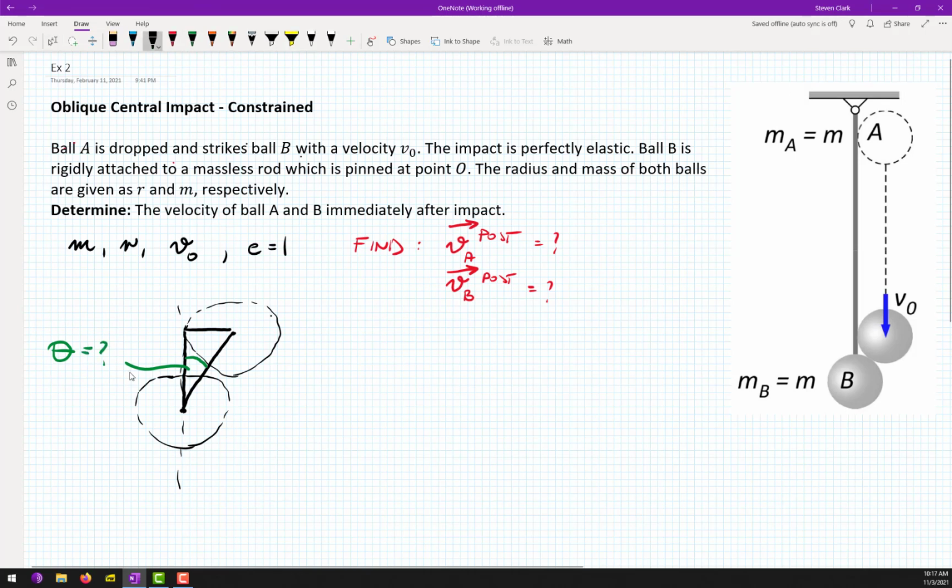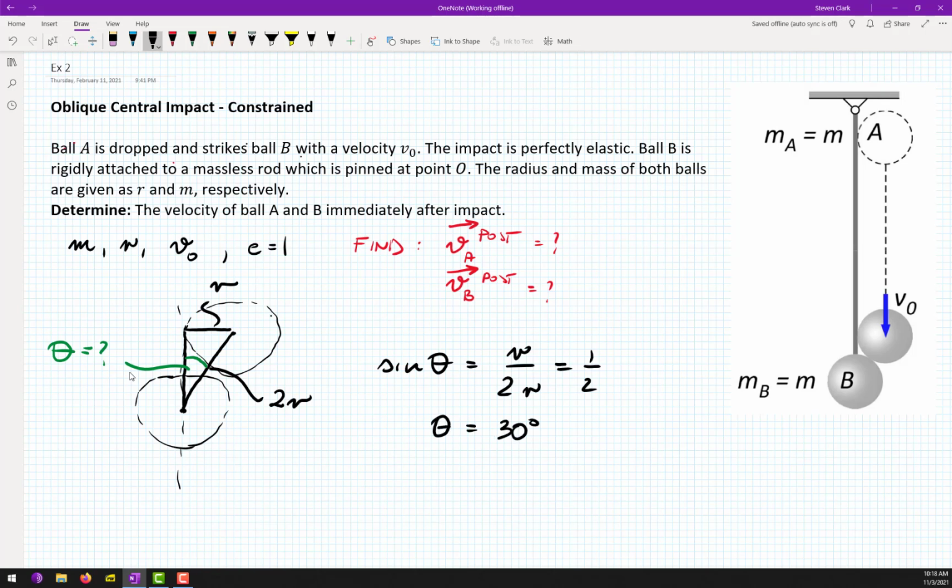We know that this distance is 2r, and this distance is r. So I believe that based on that black triangle, we can write that sine theta is equal to r divided by 2r, which is 1/2. And that clearly tells us that theta is 30 degrees. Great. Part 0 is behind us.